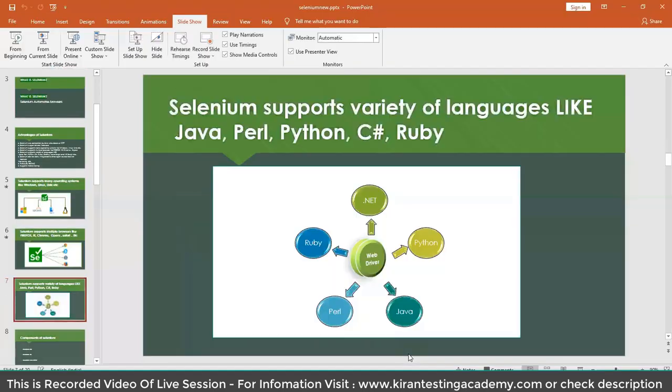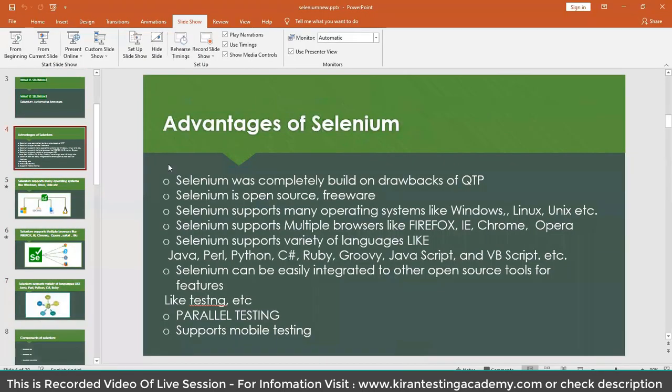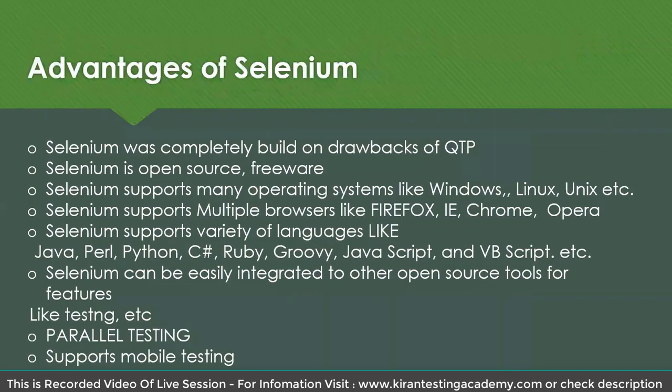Not only that, it can be easily integrated with some open source tools, with Maven, or with Jenkins and all those things that we'll discuss as we go. Not only that, we can perform parallel testing using Selenium Grid. Not only parallel testing, you can distribute the load and test it. There are a lot of advantages.